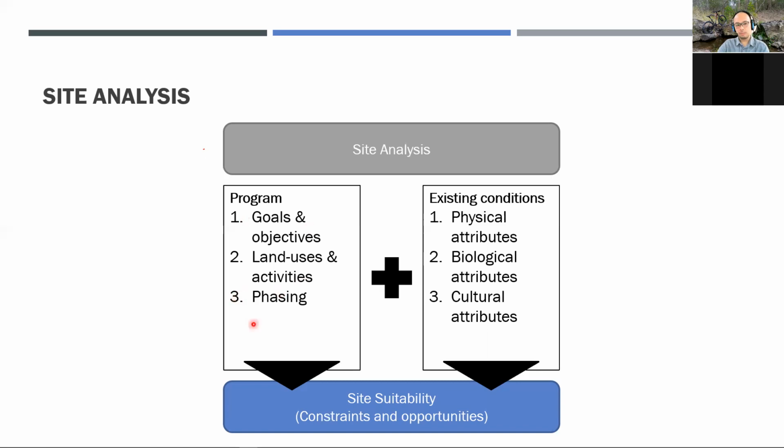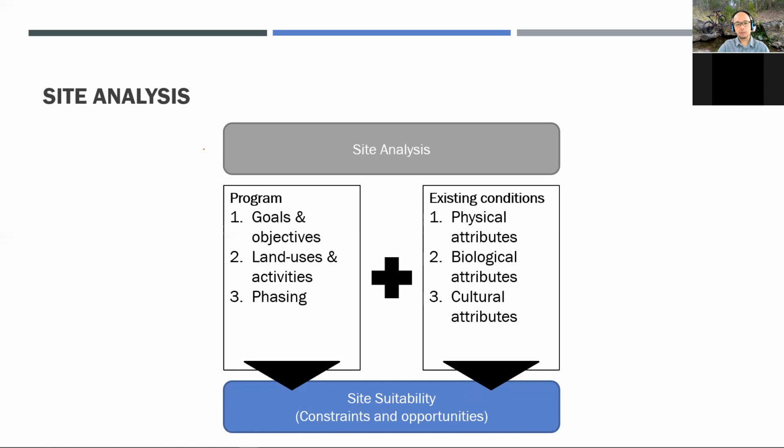So the program is one component, and then, of course, the existing condition, which consists of physical, biological, and cultural attributes. Adding these two components together will give you an idea of what is suitable and what is not, or the constraints and opportunities. So that's site analysis in a nutshell.